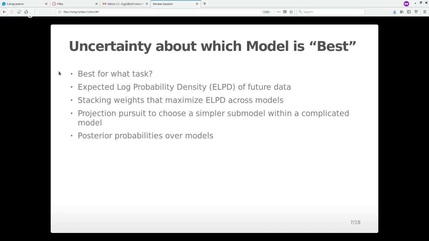We can also learn how to get weights over different models such that the weighted sum of the predictions of various models is expected to have, or is maximized, the collective expected log predictive density. So it's entirely possible that some combination of models that you estimated is expected to predict future data better than any one model, or at least you could check and see if the stacking weights are not just 1 on one of the models and 0 on everything else.